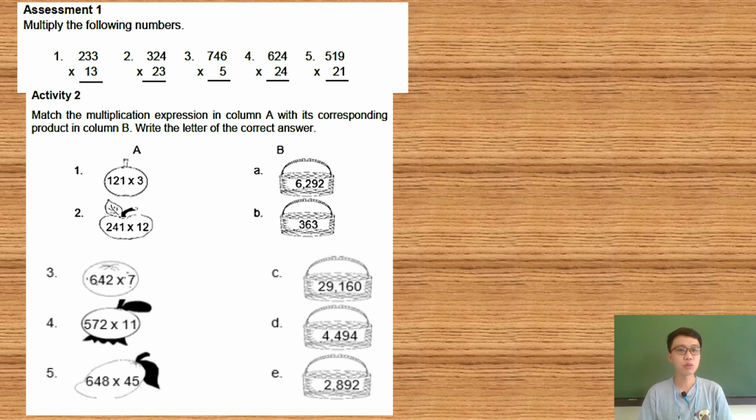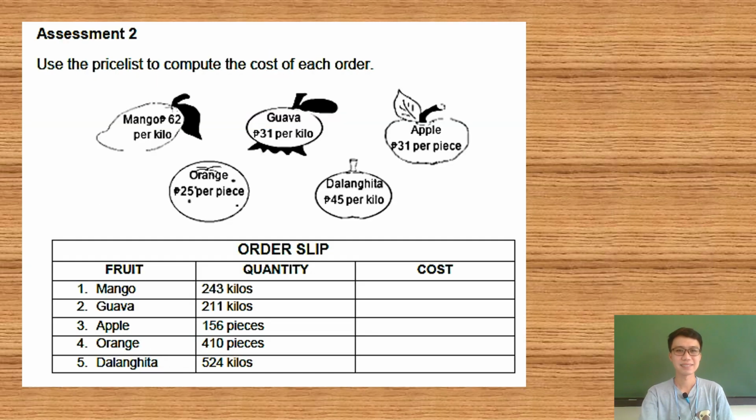For activity 2, match the multiplication expression in column A with its corresponding product in column B. Write the letter of the correct answer. I'll give you a few minutes to finish this activity. For assessment 2, use the price list to compute the cost of each order.